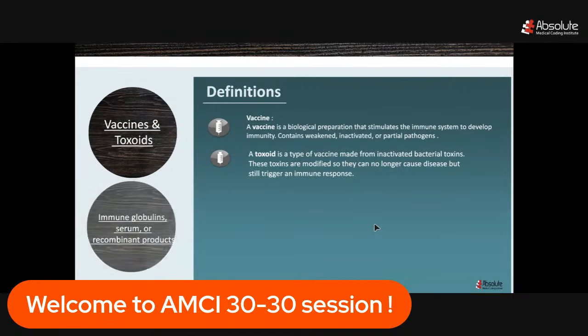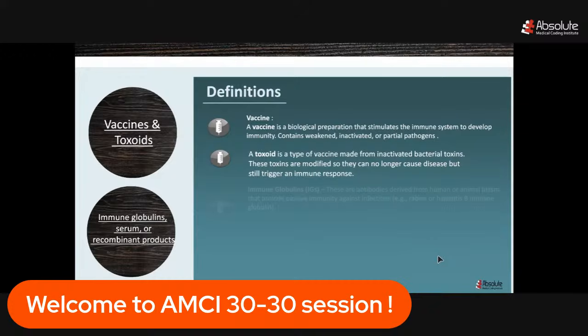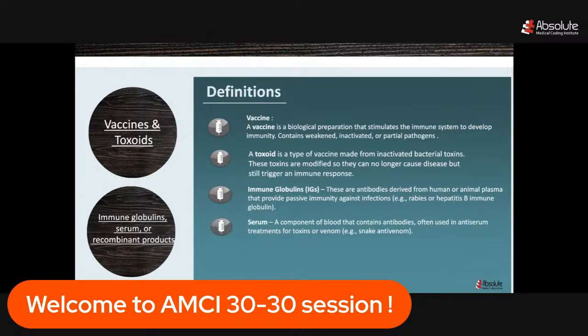And sometimes we also hear about other immune products. Let us keep it simple. Immunoglobulin. These are ready-made antibodies, like a quick protection shot when someone is already exposed to something such as rabies or hepatitis B. And there is serum, which is an antibody-rich blood fluid used in special treatment, such as snake antivenom.